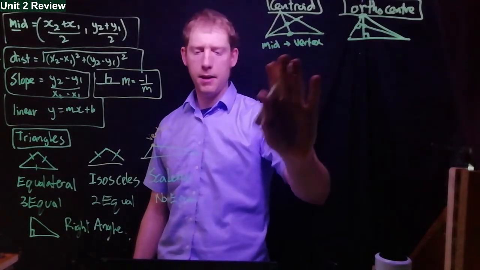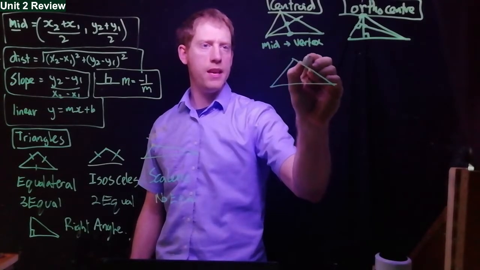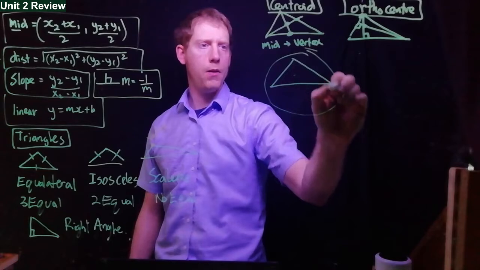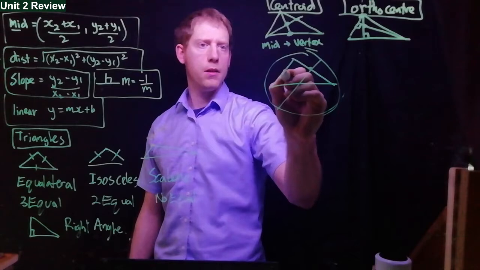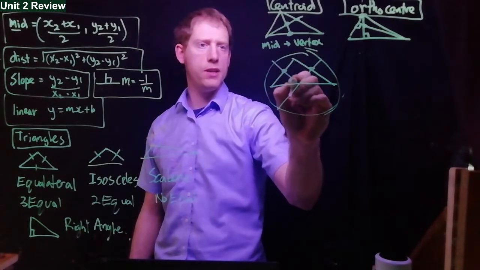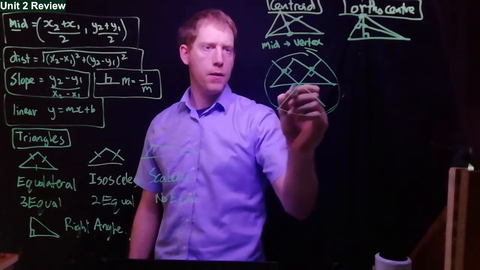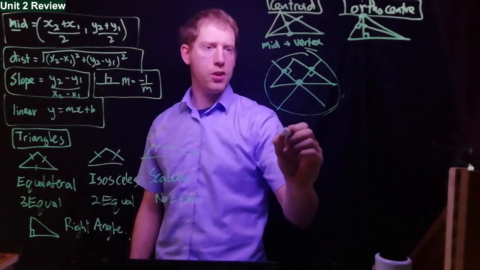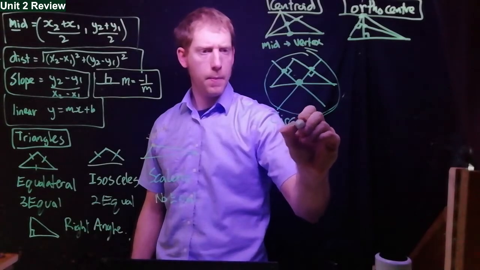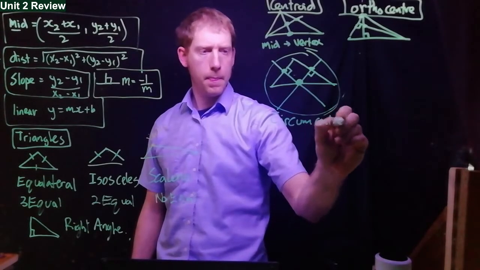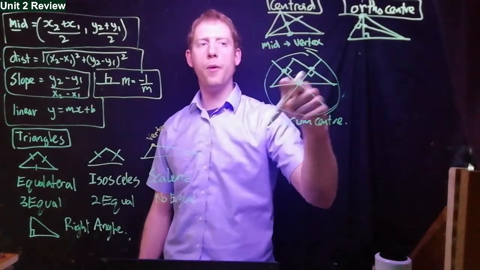And then the last type is if we have a circle around here, and I were to find the midpoint, using the midpoint and using 90 degrees here, this point right here is called the circumcenter. And that is using the perpendicular slope from the midpoint.